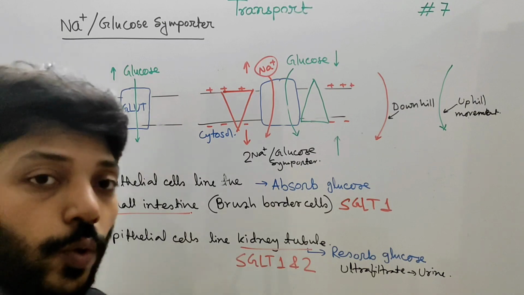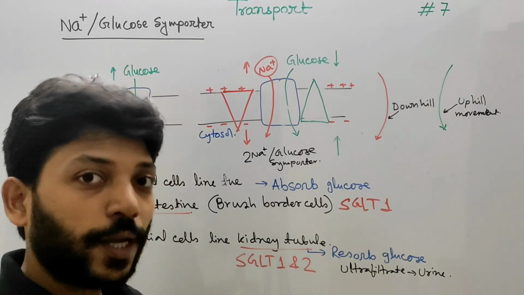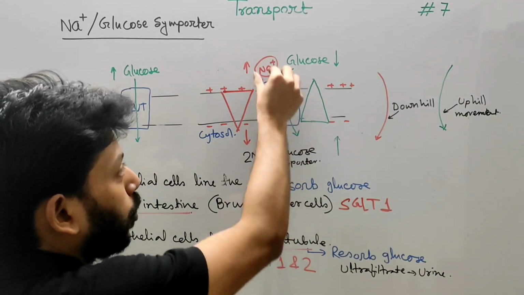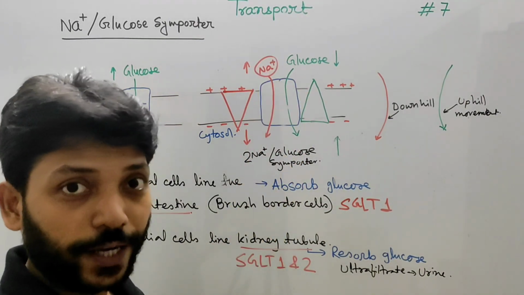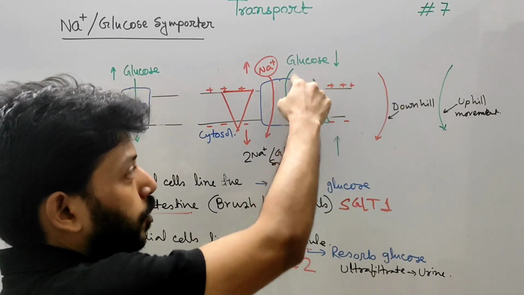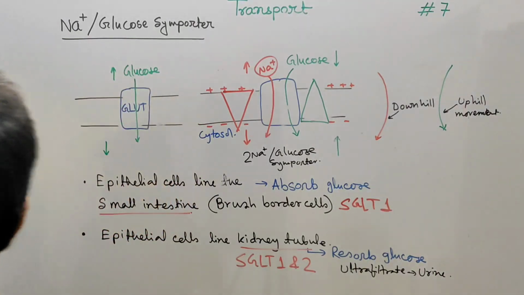Now I will show the mathematics, the formula, of how much free energy is generated during the movement of sodium inside, which drives the movement of glucose uphill, from lower to higher concentration. This has a formula. Let me explain.